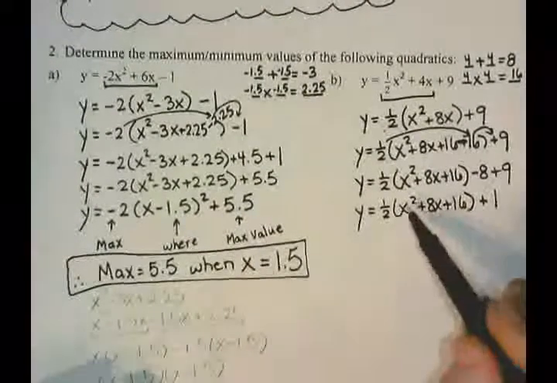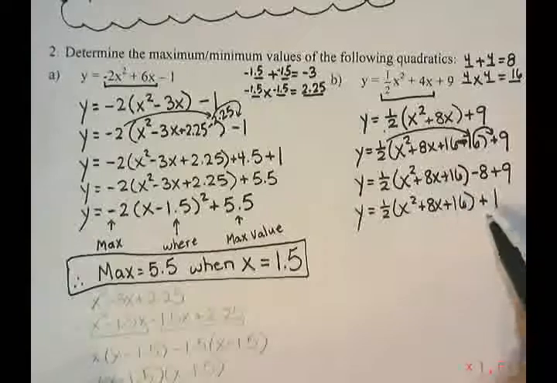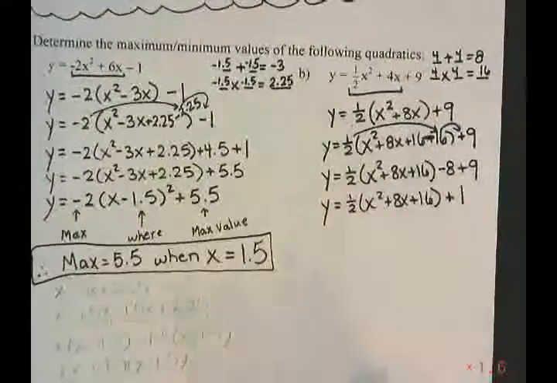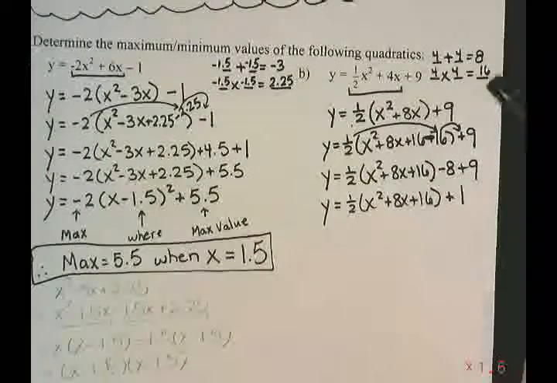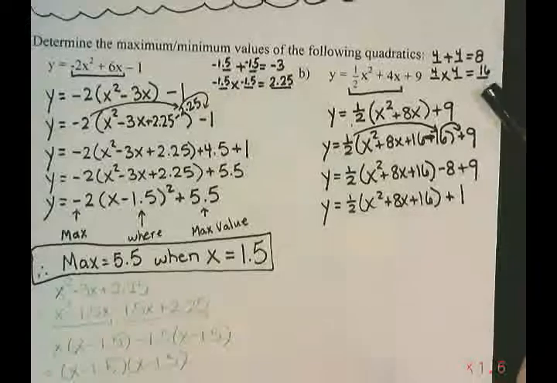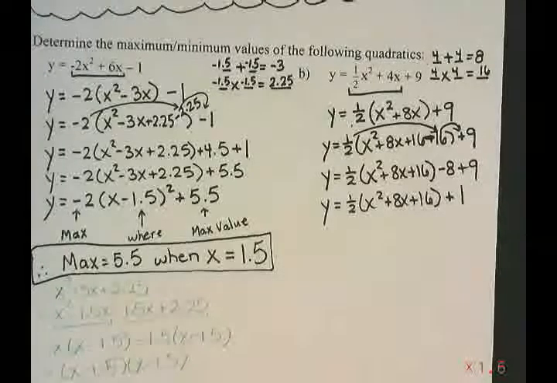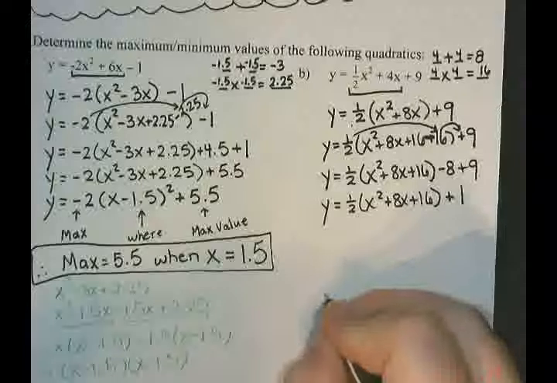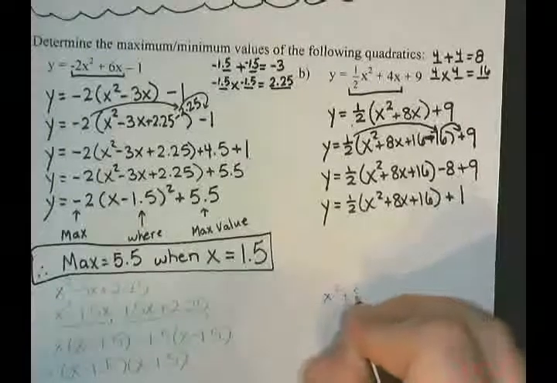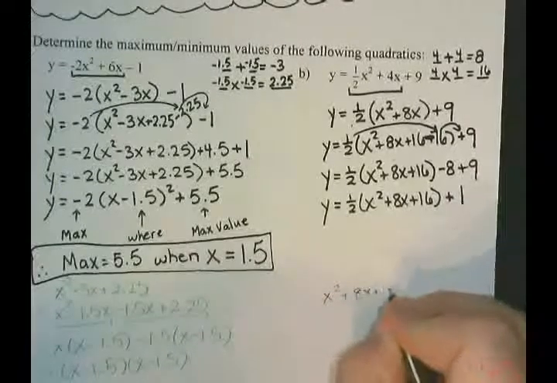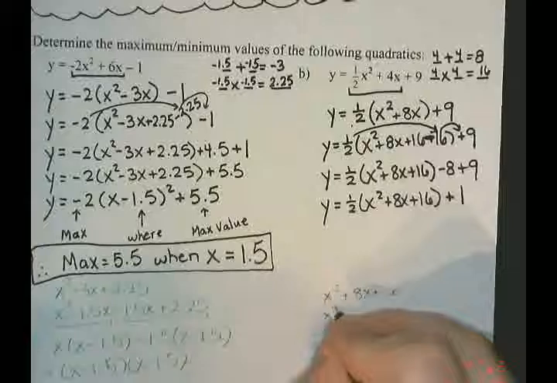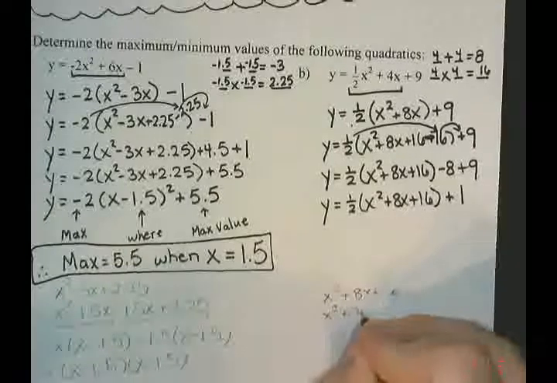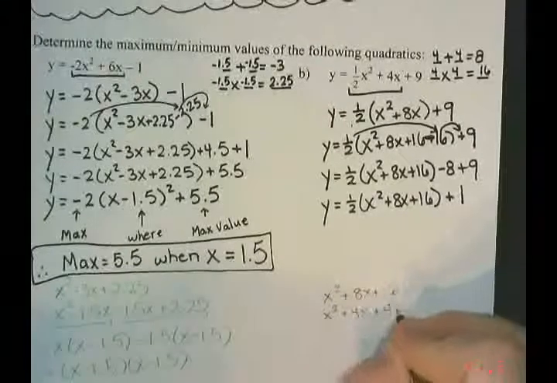So we're looking for 2 numbers that multiply to 16 and add to 8. Conveniently, those numbers we've already figured out are going to be 4 and 4. So once again, I'm going to do that down at the bottom where I have a little more room. So x squared plus 8x plus 16. We're going to stretch that out to x squared plus 4x plus 4x plus 16.